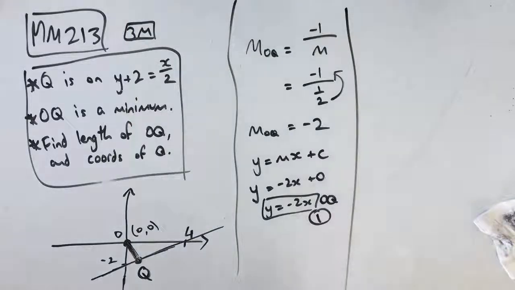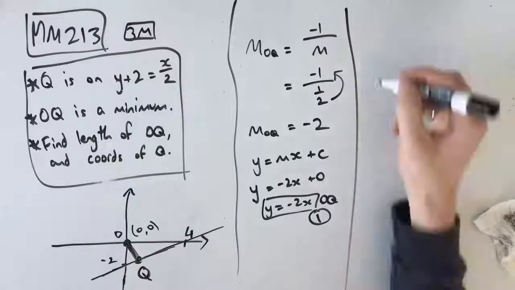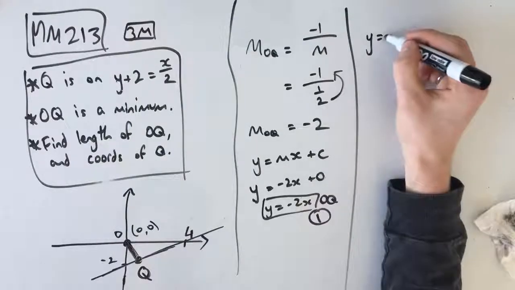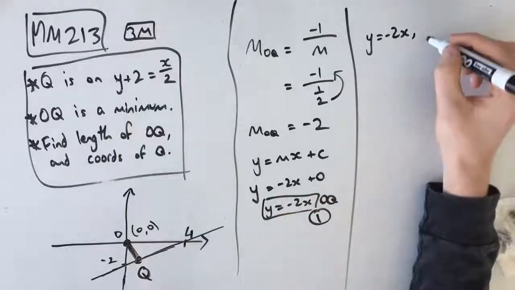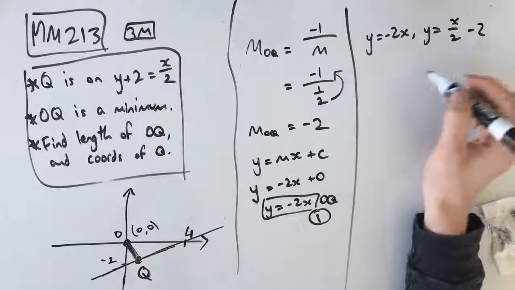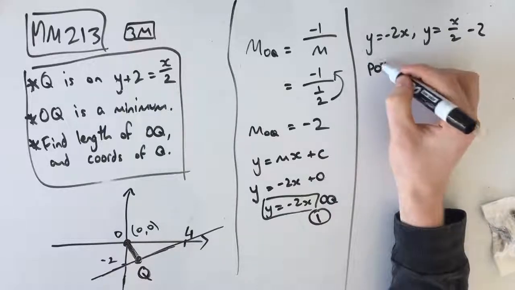And now what we're going to do is, because we want to find where Q is the point of intersection between this line and this line, we're going to actually equate those to find the point of intersection, all right? So we know that y equals -2x and y equals x on 2 take 2, which means that these two are going to equal each other at the point of intersection.